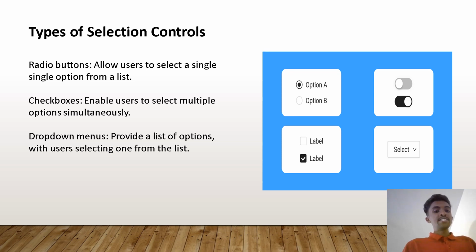Now let's see the checkboxes. They enable users to select multiple options simultaneously. For this selection control, I will take the same Prime Minister related example. In a quiz they have asked a question, and they will give a set of options like Indira Gandhi, Jawaharlal Nehru, Narendra Modi, and Manmohan Singh. So they give four options, and they will also give one more option like Pranab Mukherjee.